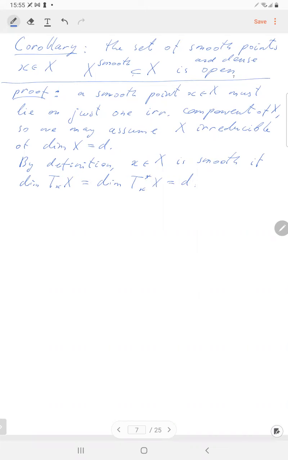Okay, but we know that in principle it can be bigger.